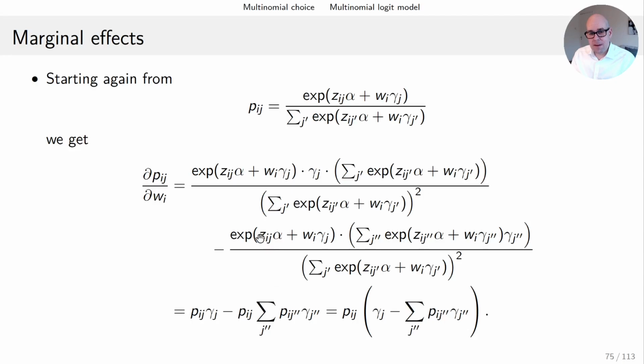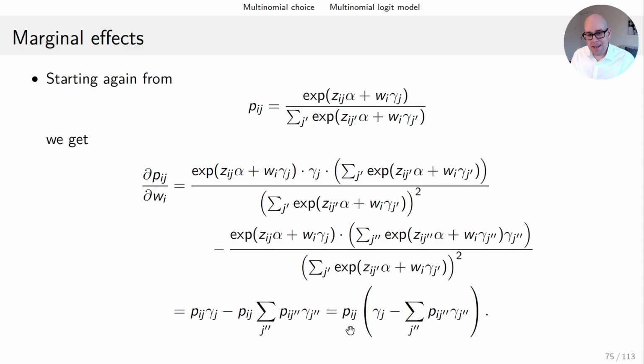For the second one, I have here again this expression twice, so the product or the square of it. So I'm getting once Pij, because this is the numerator, and then I'm getting a sum, and that sum always has the inner derivative, so that's the gamma double prime, and I can just pull this one expression that is left here into that sum, and then I'm able to write this actually as Pij double prime gamma j double prime.